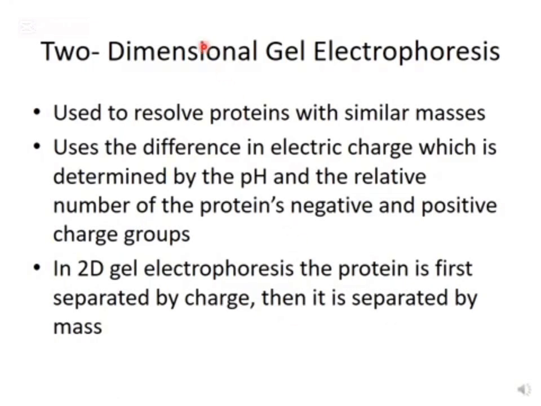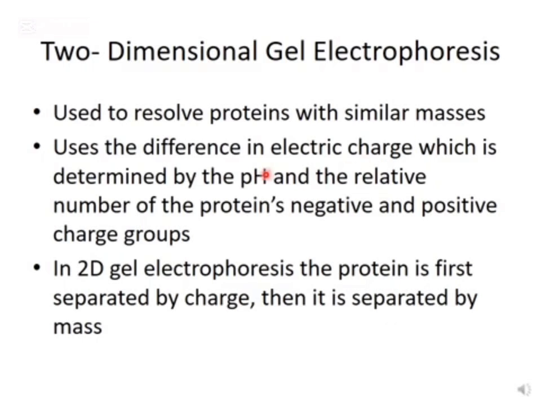So to further complicate gel electrophoresis, 2D gel electrophoresis was developed, and as I just mentioned, it's used to resolve proteins with similar masses. So in addition to mass, we're going to differentiate the proteins based on their charge.